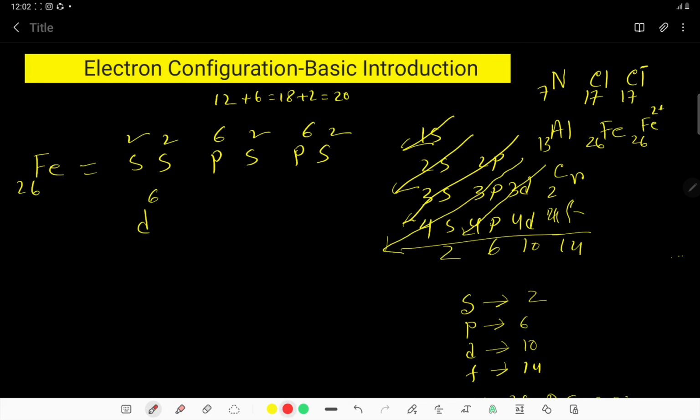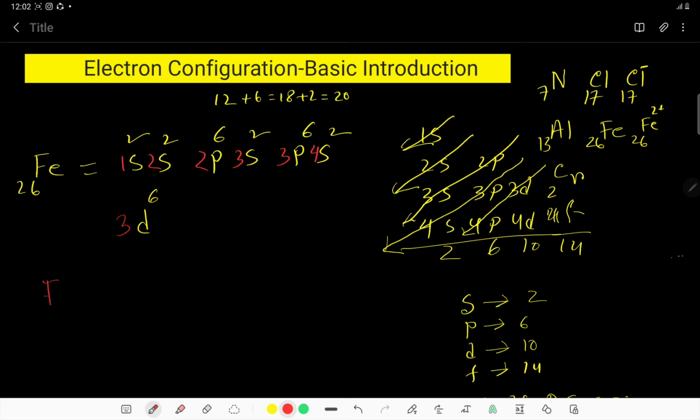Now let us number. s starts with 1s, then 2s, then 3s, then 4s, right? p starts with 2p, then 3p, and d starts with 3d, right? From 3d. So this is the electron configuration of iron.